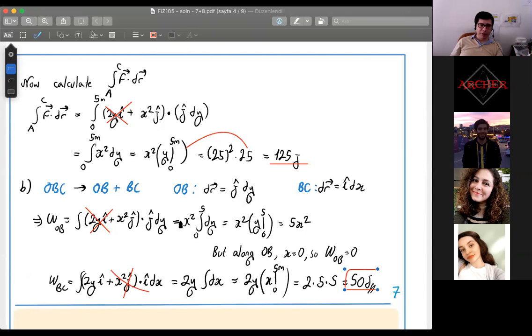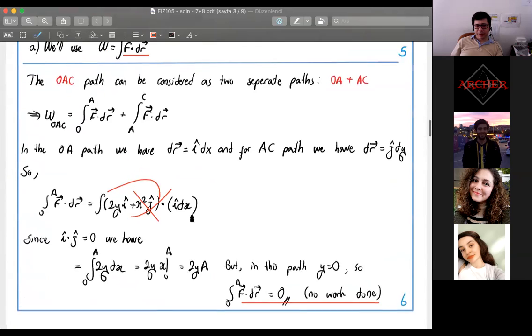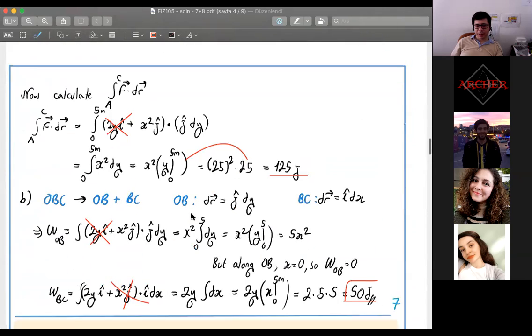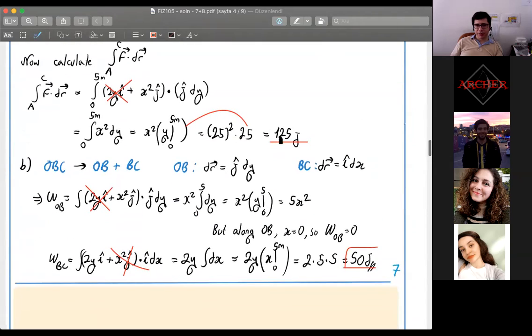So in fact, we already have enough results to conclude that this is a non-conservative force, okay? Because the result of the first part was, it's already here, 125 joules. However, the other path gives only 50 joules.